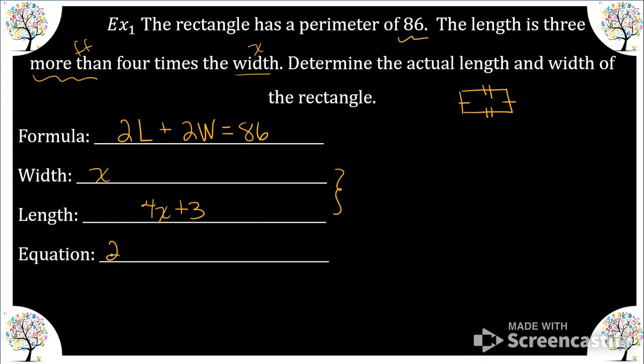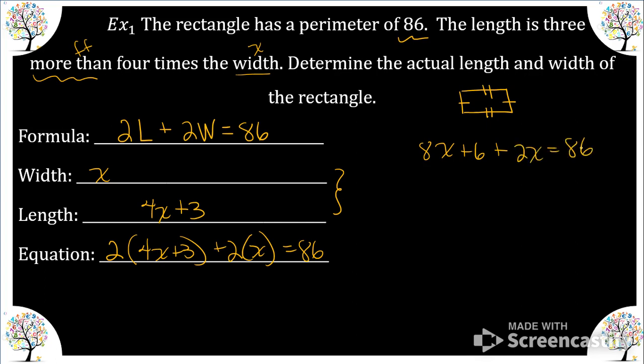So we have 2 lengths, and yes, we need parentheses, plus 2 widths equals 86. So now we have the equation. We're going to apply our algebraic properties, our mathematical properties. We're going to distribute, and we get 8x plus 6 plus 2 times x equals 86.